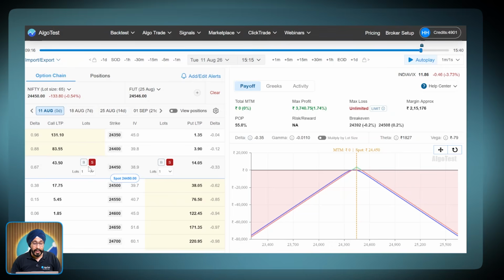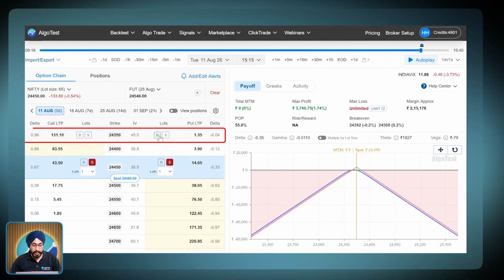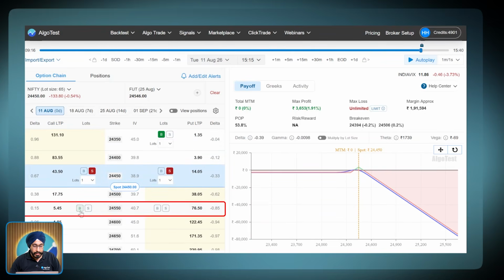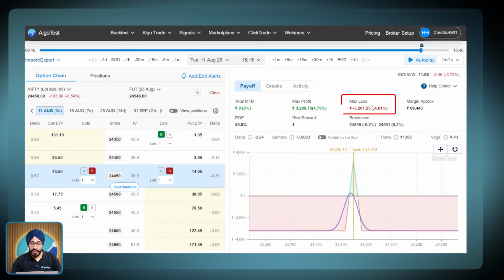Now, how do I trade it? Alright. Again, I have 50 rupees of premium and I am willing to take 50 rupees of risk. So I need to buy my hedges or my wings 2 strikes away. So I'm going to buy the put and the call. My loss is defined and my profit is defined.